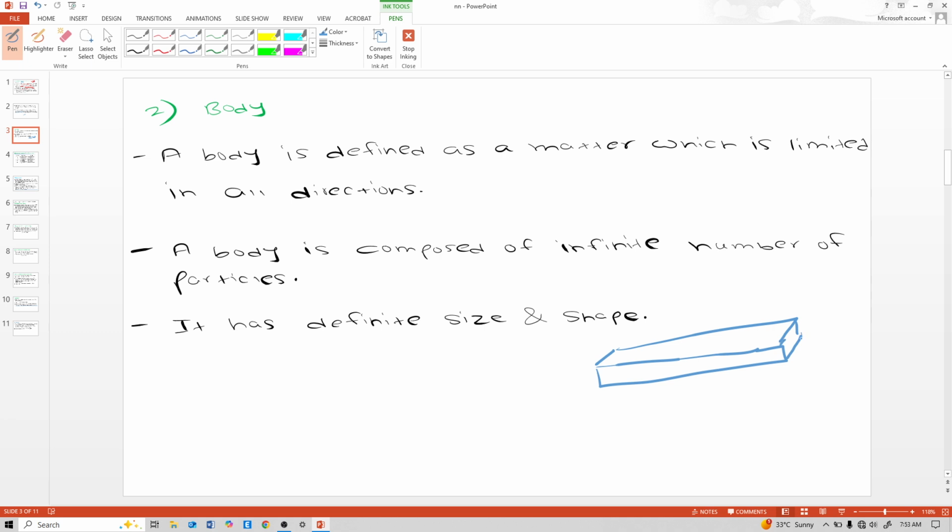And this body is made up of infinite particles, matter, which is limited in all directions. What is matter? Matter means this body has mass and this body has weight. The second bullet point is: a body is composed of an infinite number of particles and it has definite shape and size.